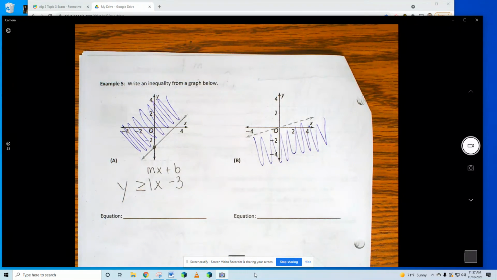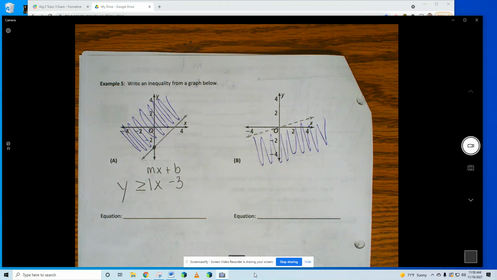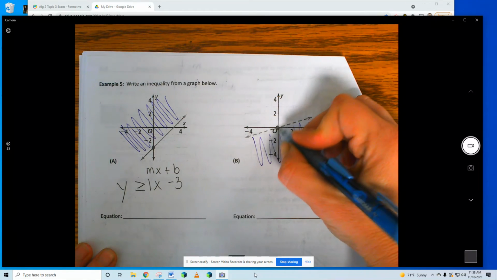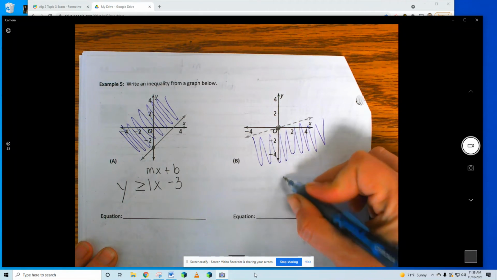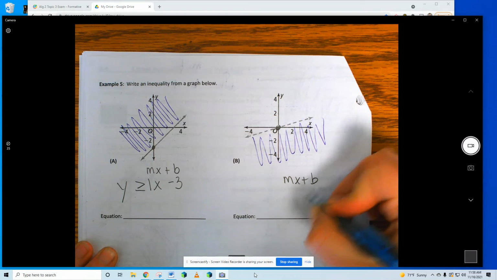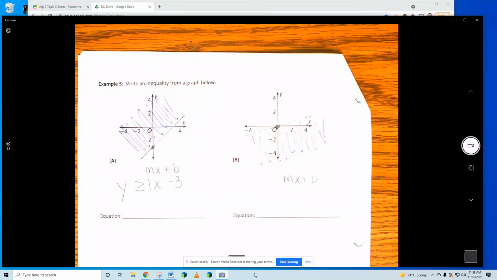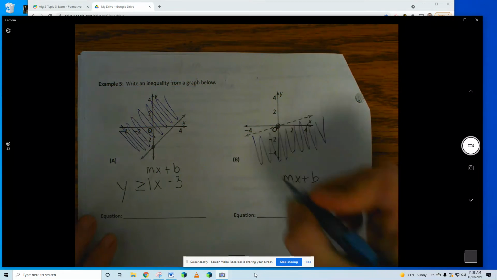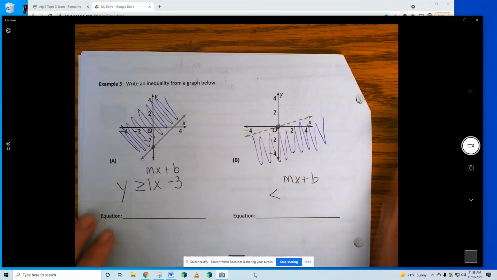So I have to start with my y-intercept. Part B. My y-intercept is nothing, 0. But this shading is less than. I'm not going to put plus 0.